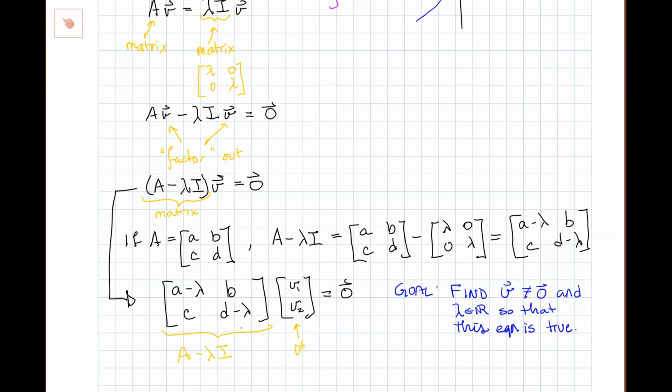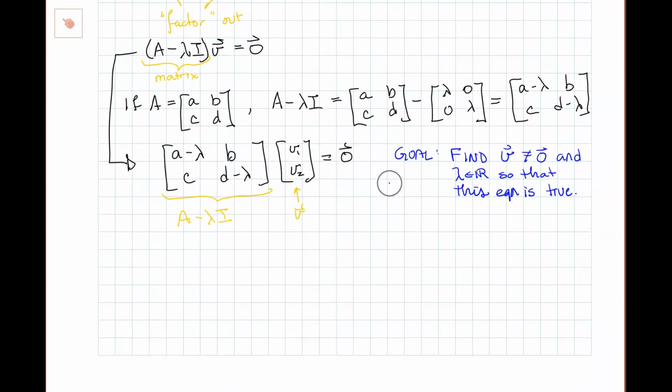So we can remember from earlier times that this is a homogeneous linear system and has non-trivial solutions, that is non-zero solutions, exactly when the determinant of this matrix is equal to 0. So you can go back and look at that everything theorem if you need a reminder about that.